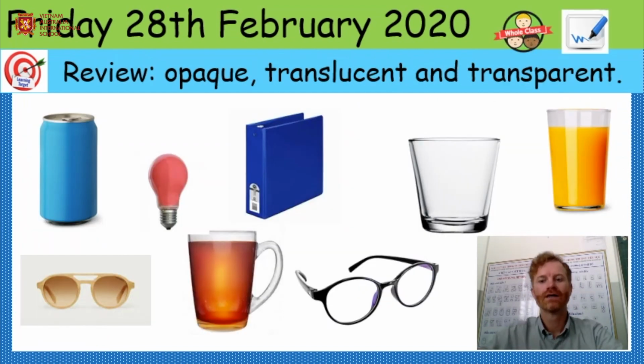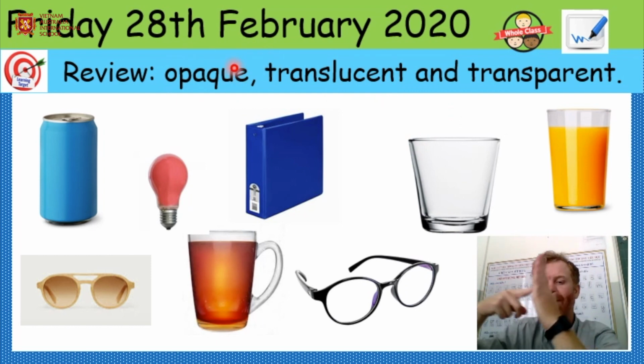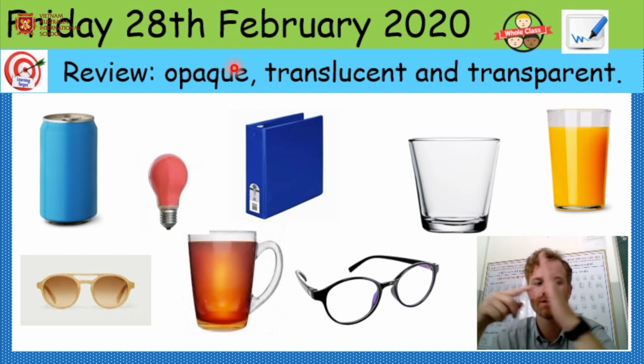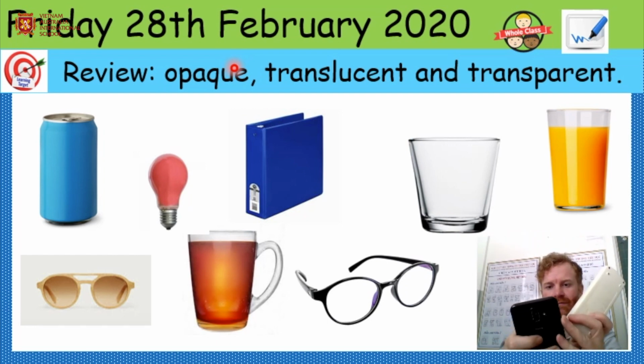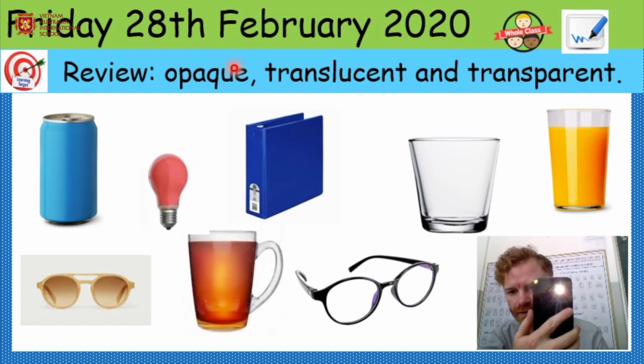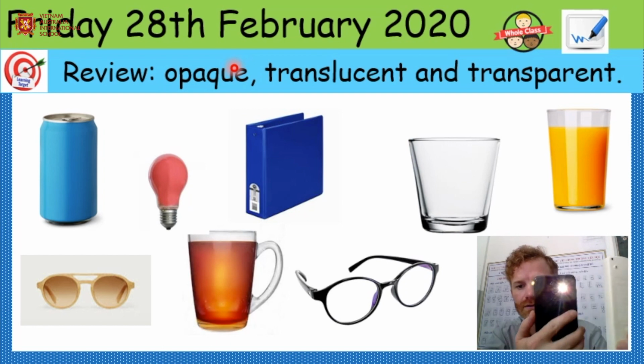Right. So, opaque means that light cannot pass through it. Light cannot pass through it. Just like this remote. So if I have the torch on my phone, let me turn that on. I've got the torch on my phone, and we can see the light cannot pass through the remote.